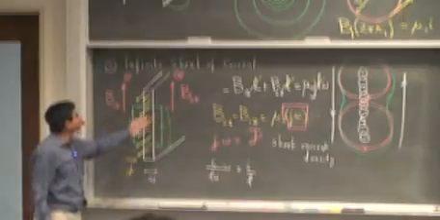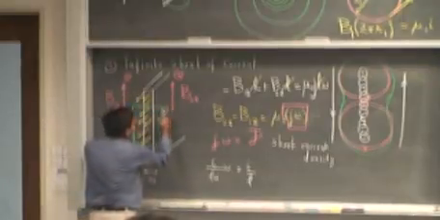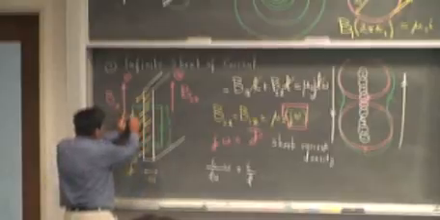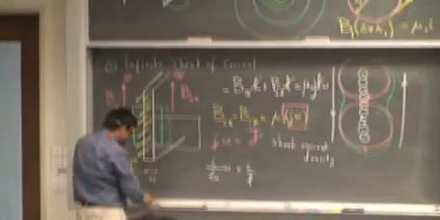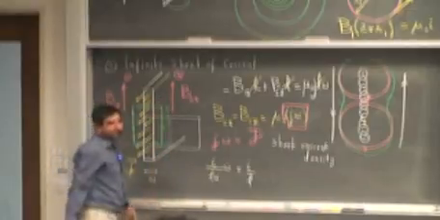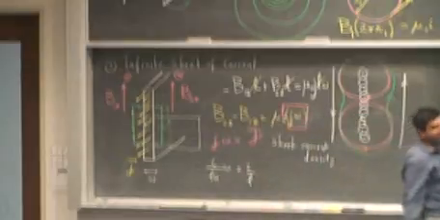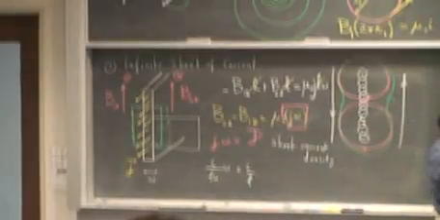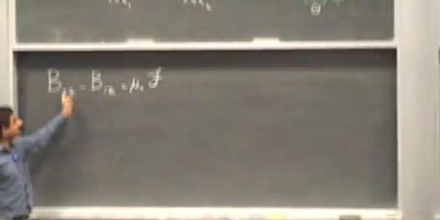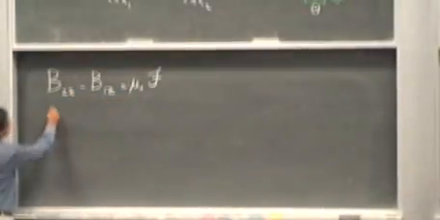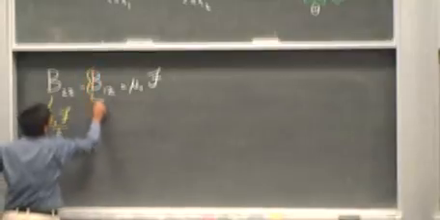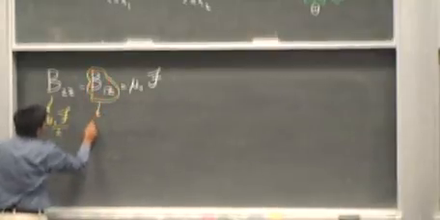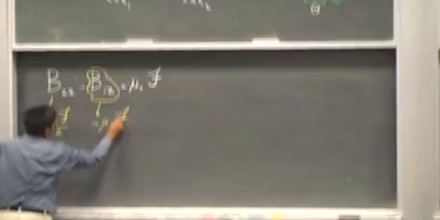There's really no difference, it's infinite, so I can move this path further away and the magnetic field does not change. So both of these magnitudes must be the same, and if I want to satisfy this equation, the difference of them is equal to this. So if I set this equal to mu naught J over 2, I can set this B1Z to minus mu naught J over 2, right?